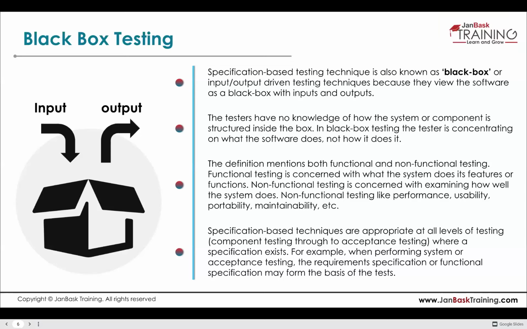That means you don't need to understand the internal architecture, internal structure or internal coding pattern of the software to test it. What you need to know is what output you are expecting, and whether the actual output is matching with the expected output or not. Are there any deviations or not?